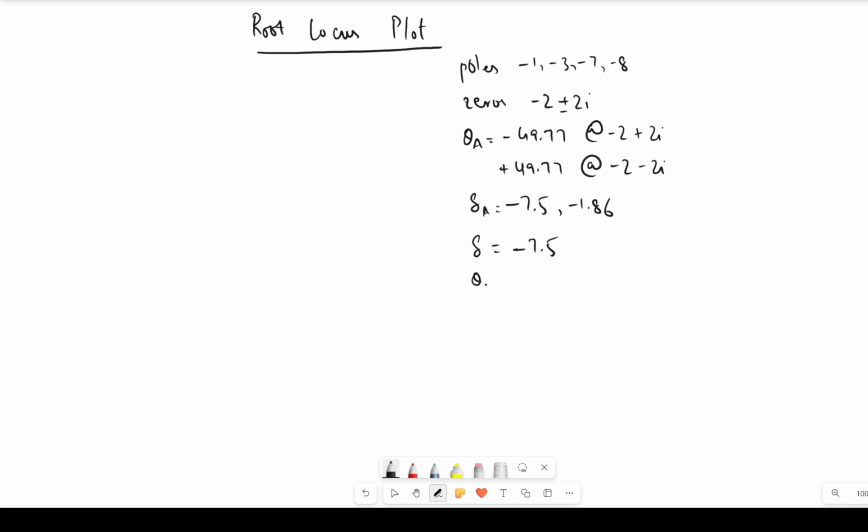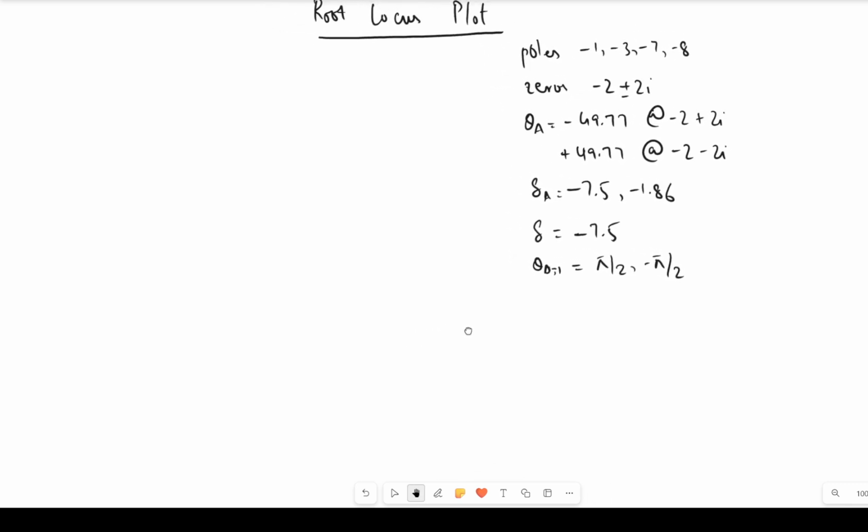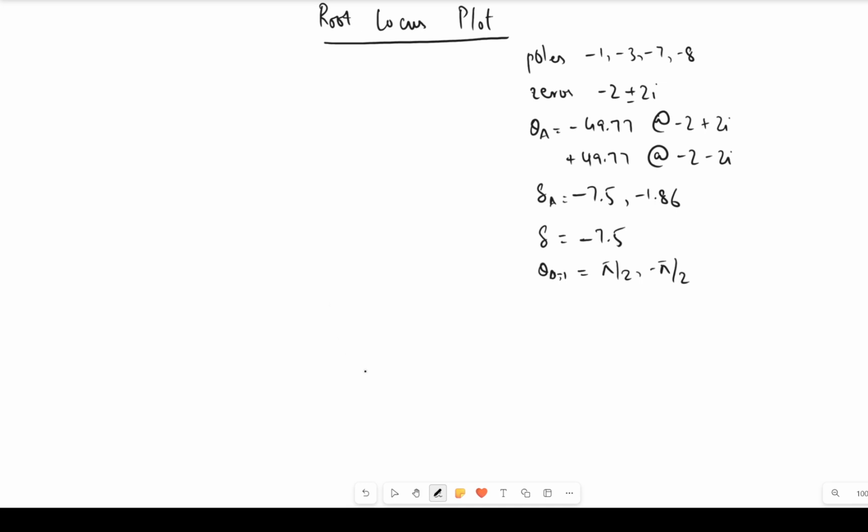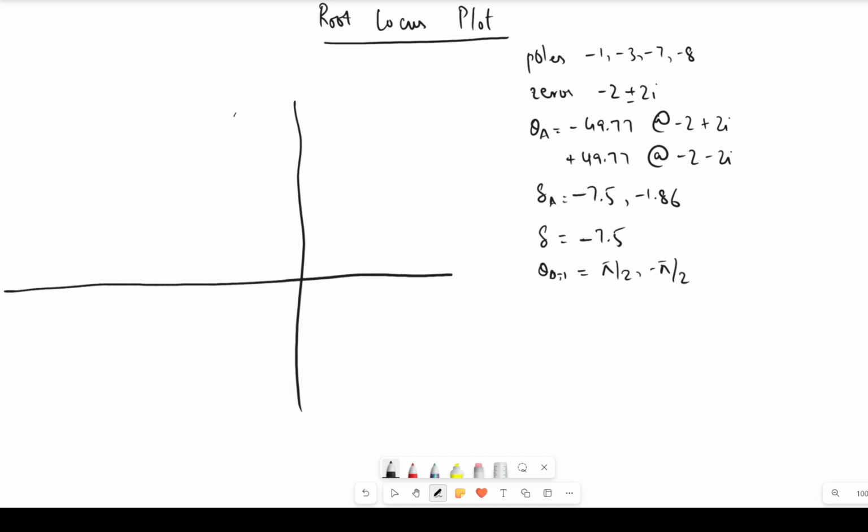And then we also obtained theta A, the angle of asymptote, which was plus pi by 2 and minus pi by 2. With this data, I'm going to plot the root locus now, in a similar manner to the rough plot before. So we have a pole at minus 1. We have a pole at, let me just try it again.